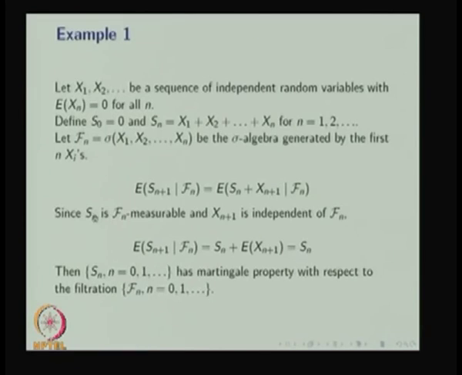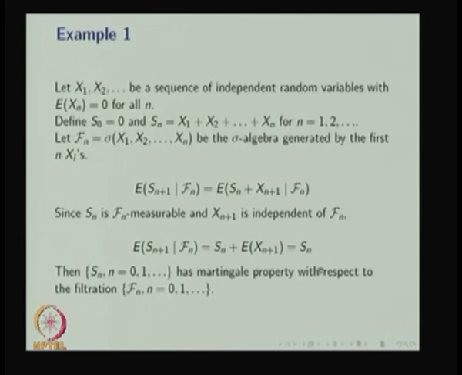That is also verified. The third condition, the conditional expectation has to be Sn. This is also verified. So since the three conditions of the definition which we discussed for discrete time are satisfied, we conclude the given stochastic process Sn, the sequence of random variables Sn, has the Martingale property.